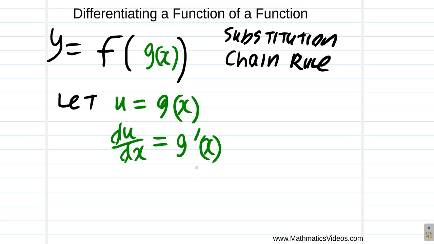Good. The next thing we're going to look at is that if we make u g of x, then this statement up here is saying we have y is equal to f of u. Alright?